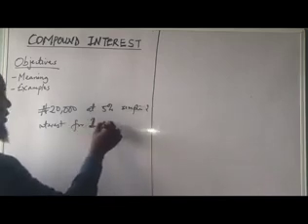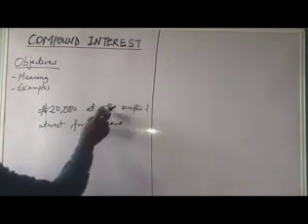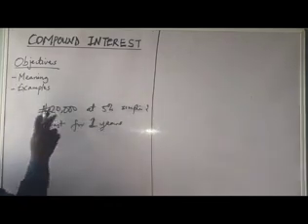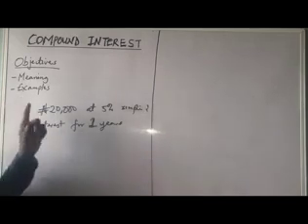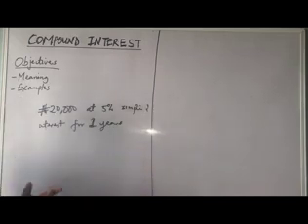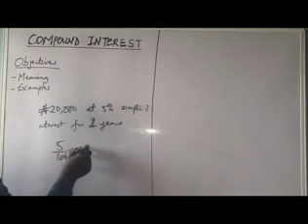Let's say for 2 years. So here we're going to find 5% of this, which will give us the interest for 1 year. That interest for 1 year should be the same interest I'm going to collect in the following year. That's what it means. So 5% of 20,000 naira.